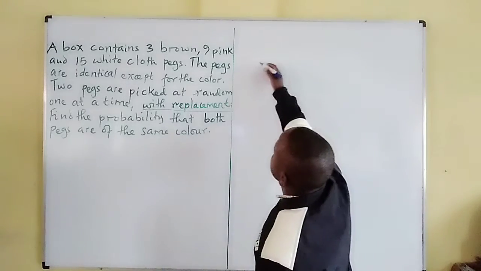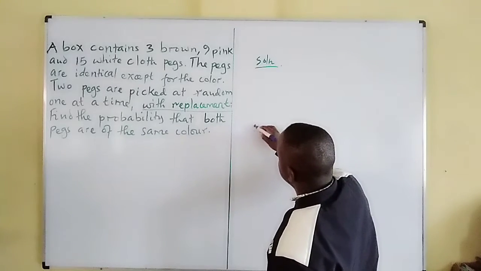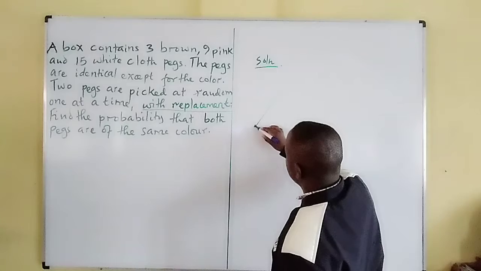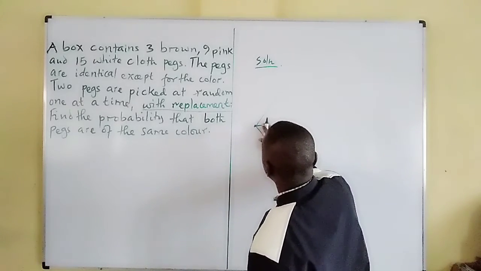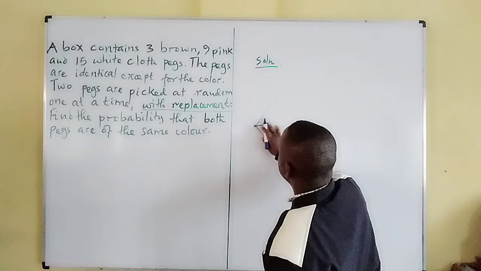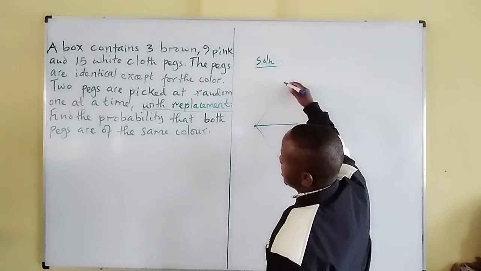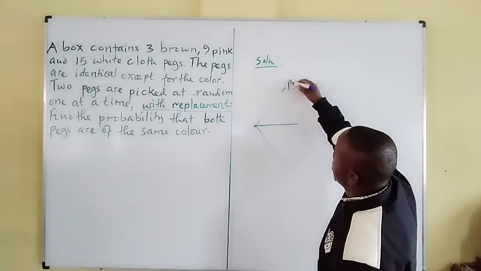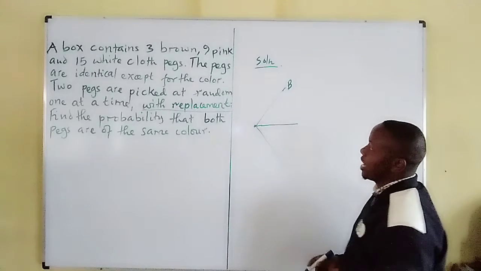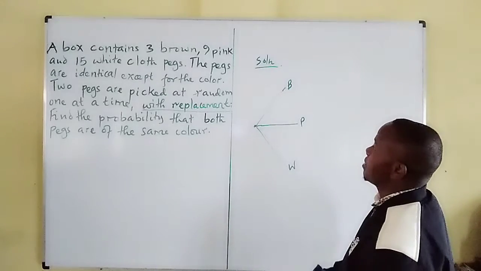So when we pick with replacement, it's good to note that the color which you had picked is not tampered with in the next picking. Why? Because in this case there is replacement. So we can pick a brown, this is the tree diagram, we can pick a pink, we can also pick a white peg.